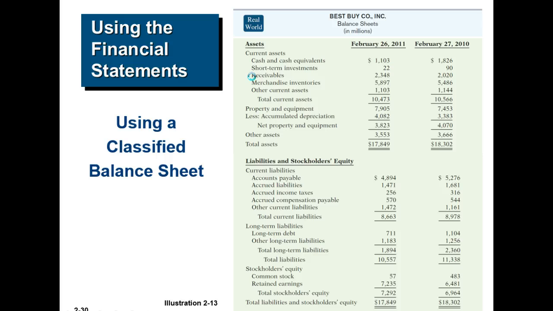Okay. Now, this is called a classified balance sheet. This is just the term of a balance sheet where we have them broken down into current assets and property. They have some of the various areas, and they're comparing one year to the next of a normal company, Best Buy.